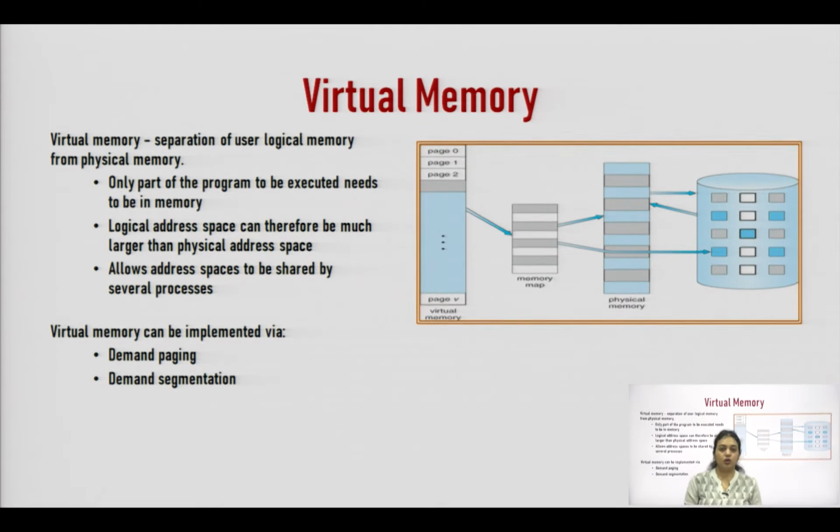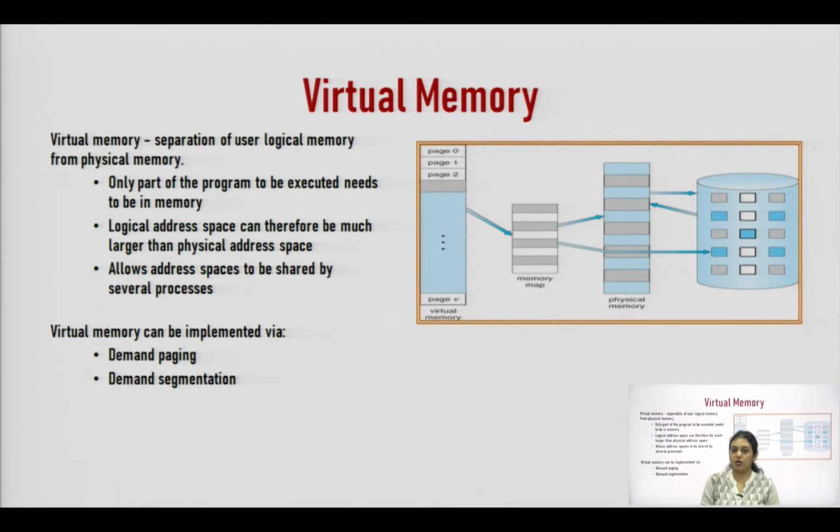So, we have the concept of virtual memory, memory that does not actually exist. The name itself tells virtual. Virtual means that it does not exist actually. Basically, the backing store itself works as virtual memory, but it is transparent to the process, to the user. The user feels as if a big memory is at its disposal.